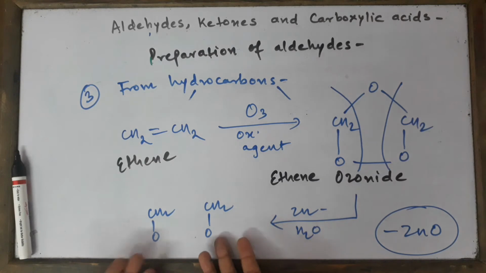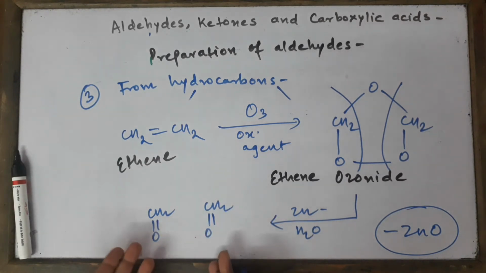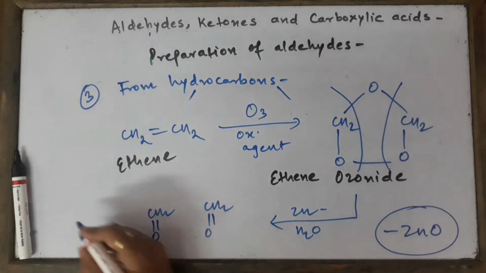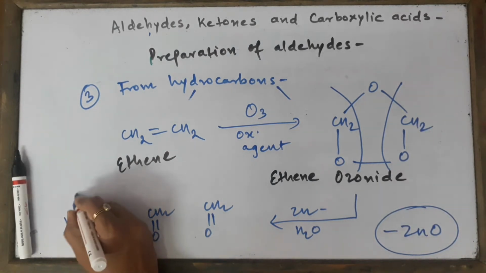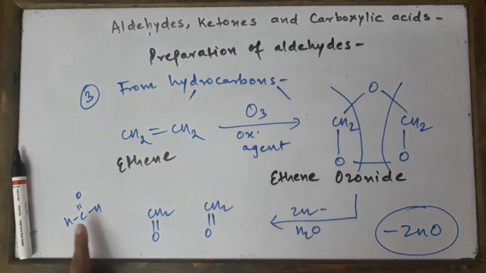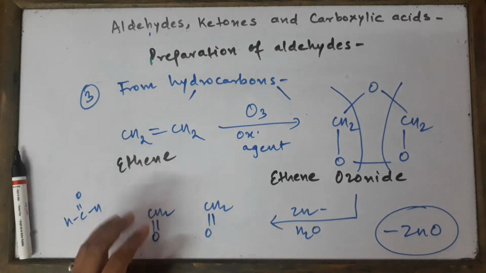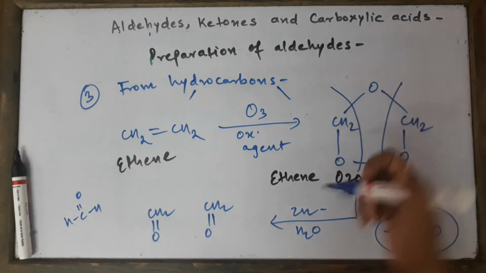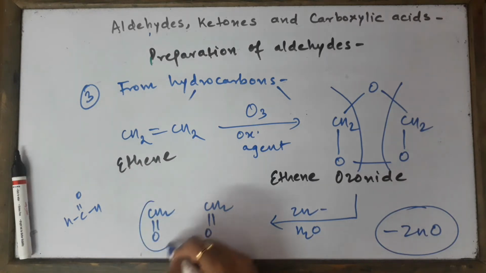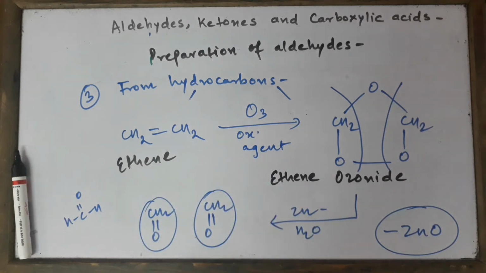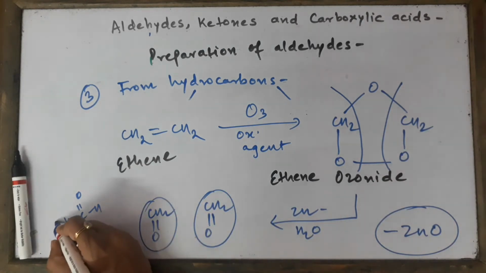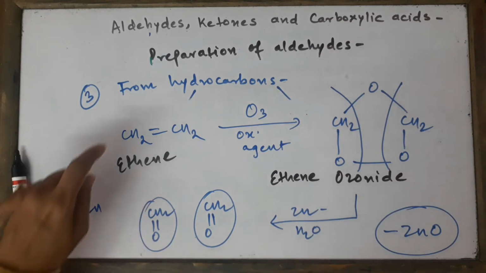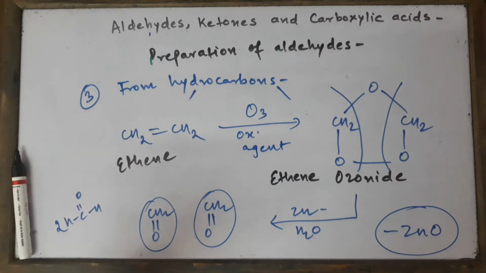We write a double bond O, so the answer is formaldehyde. We write it like this in the board exam, not the shortcut I am showing you. So we get two molecules of formaldehyde by ozonolysis of the alkene ethene.